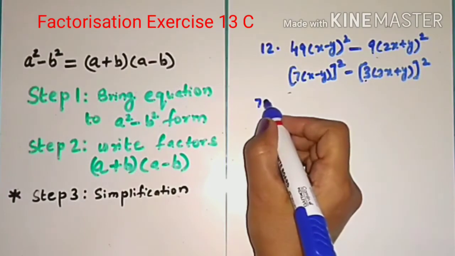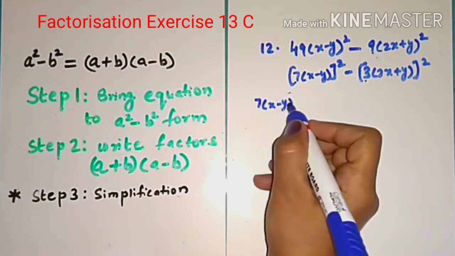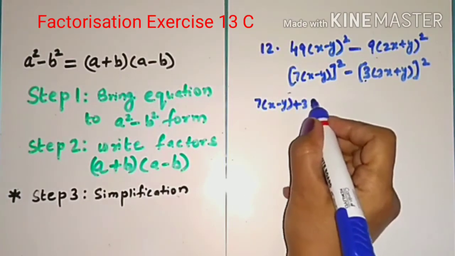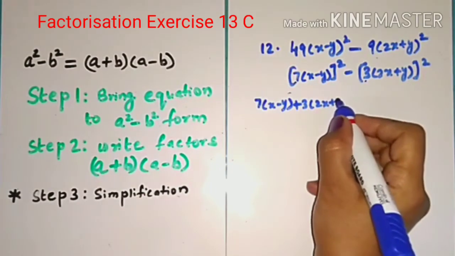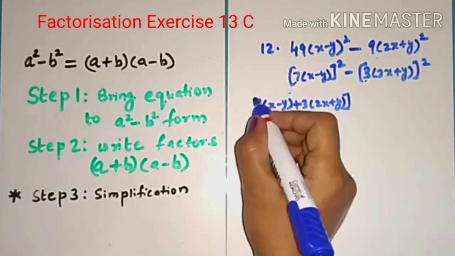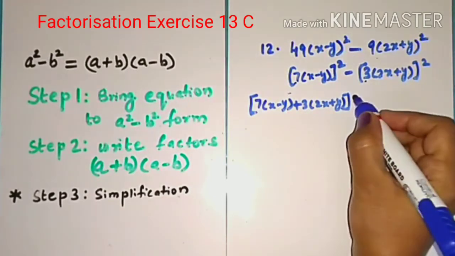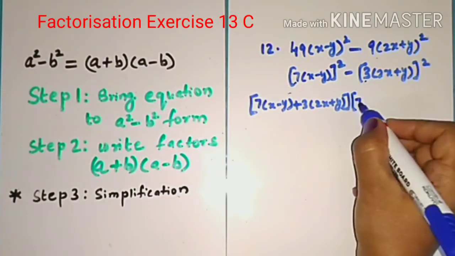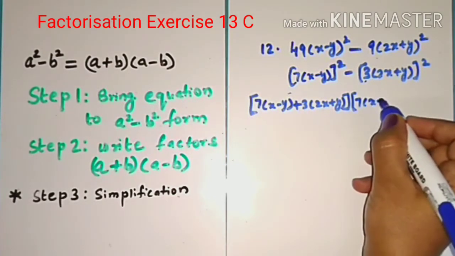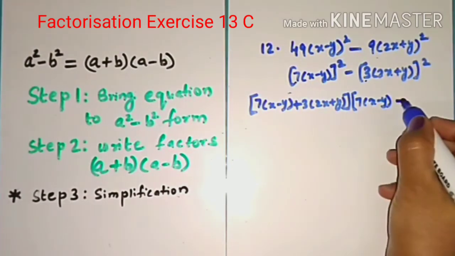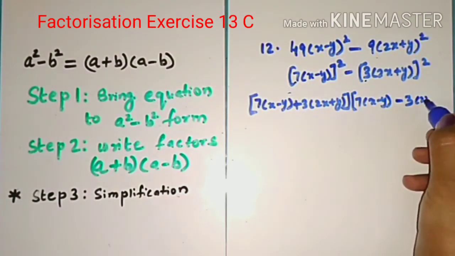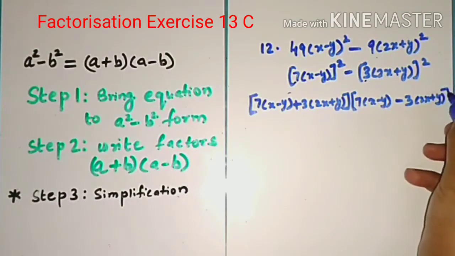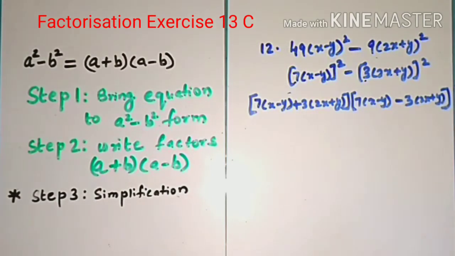This will become 7x minus y plus 3(2x plus y) in one bracket. So this is our a plus b. Now we have to write a minus b. So this is 7x minus y minus 3(2x plus y). This is our a minus b.